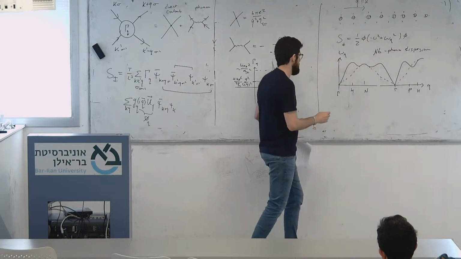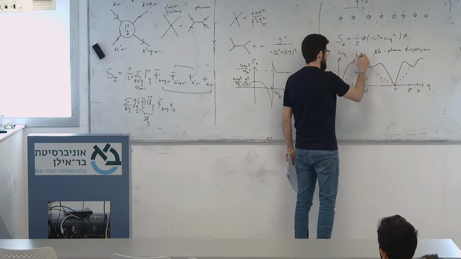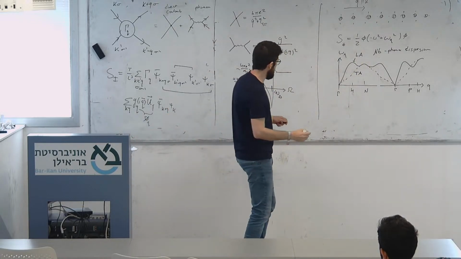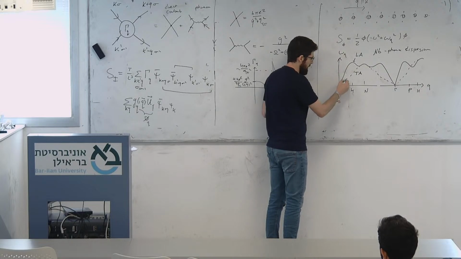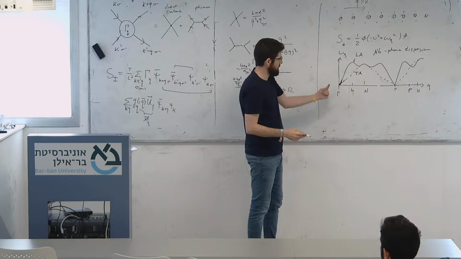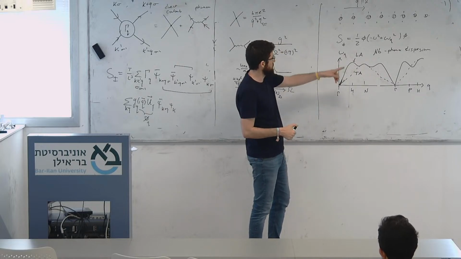This is the transverse acoustic mode, and this is the longitudinal acoustic mode. And you can see indeed that near the gamma point, at small momentum, it's linear. This is the linear dispersion of the mode that I was writing before.